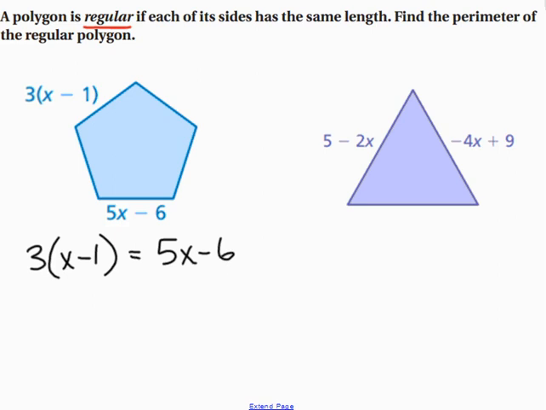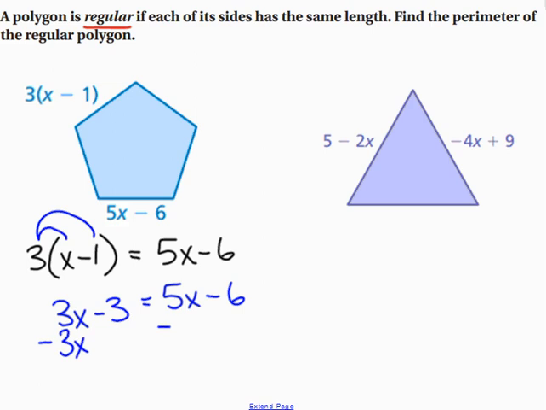Okay, we'll go ahead and distribute. 3 groups of x is 3x. 3 groups of -1 is -3 equals 5x minus 6. I want to have a positive coefficient if I can, so I'm going to subtract 3x from both sides. So there's 0 pairs.